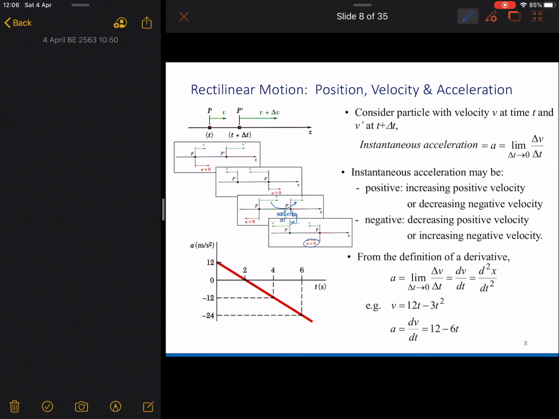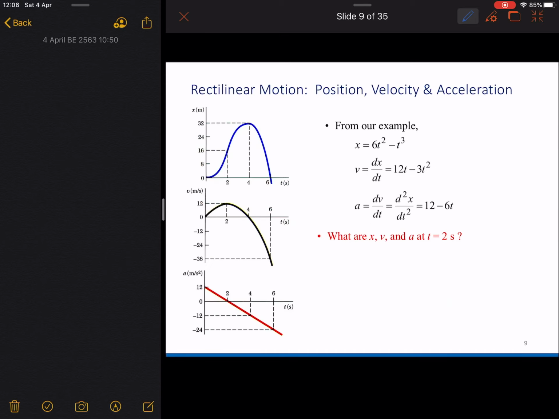and here also the graph, how it is derived. Same as previously, we got this velocity function of time, and then we just take the derivative of this function, and we got the acceleration equal to 12 minus 6t, and we can plot it here.